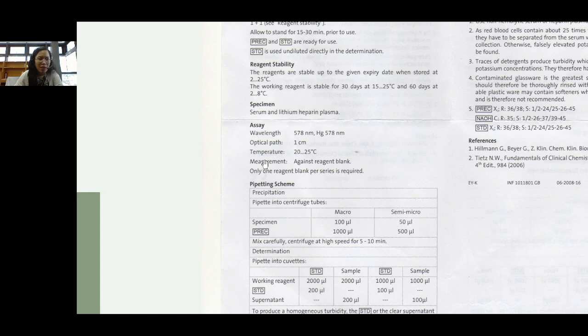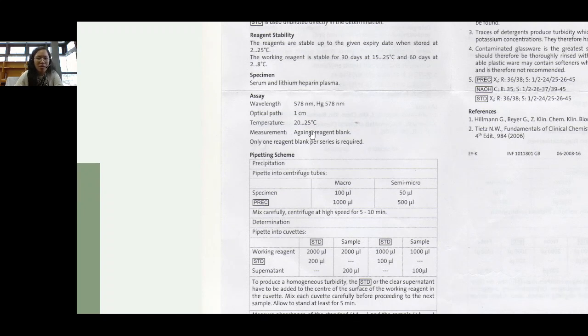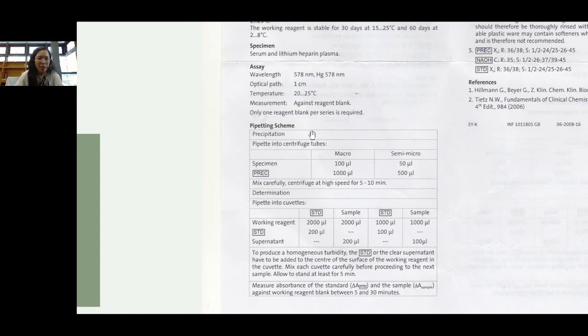So, diri na dayon ta sa assay ninyo. So, as you can see, your wavelength is 578. And then, still in terms of its measurement, against reagent blank gihapon siya. So, kindly look at your pipetting scheme. So, as you can see here, precipitation sa gyud ta una, 50 microliter for your sample, and then 500 microliter for your precipitating agent.